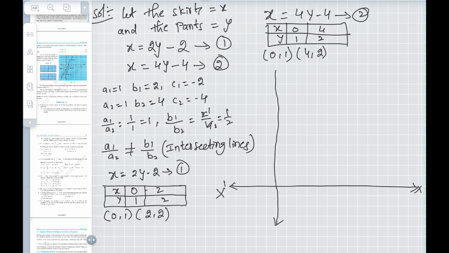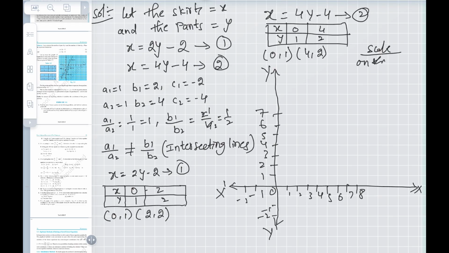Don't forget the arrow marks, and y dash. So 1 2 3 4 5 6 7 8, enough. 1 2 3 4 5 6 7, enough. So 0. No need of minus values, but you indicate minus 1, minus 2, enough.